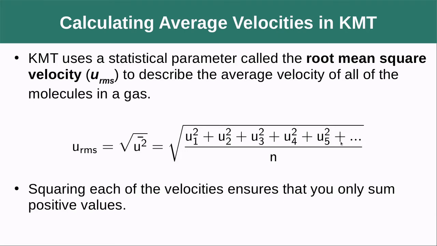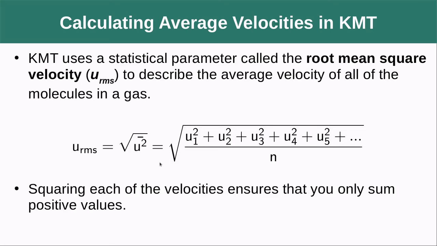This should seem a little familiar to you. This is very similar to the standard deviation equation that we've used before, and is not very dissimilar from the Pythagorean theorem or the distance equation for multiple dimensions. You probably have seen this in mathematics before.